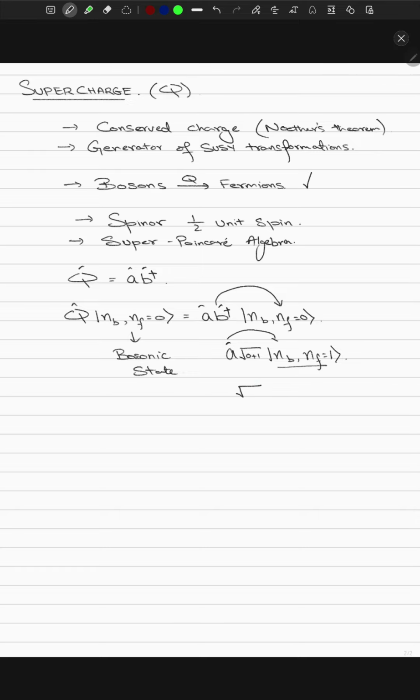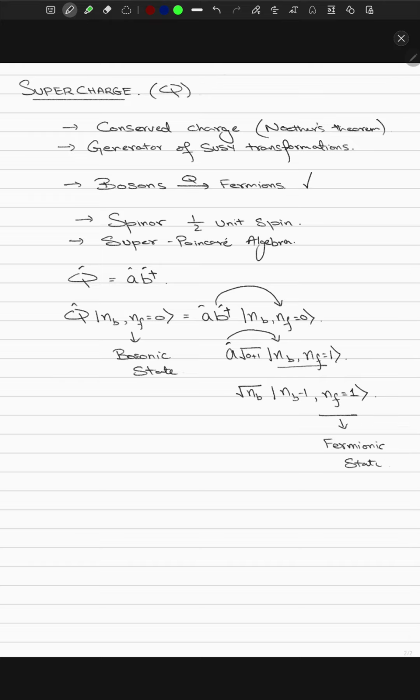Now note that this will act on this NB because it's a bosonic operator, and you'll be left with square root of NB times the state NB minus 1, NF equals 1. So this state is now a fermionic state.